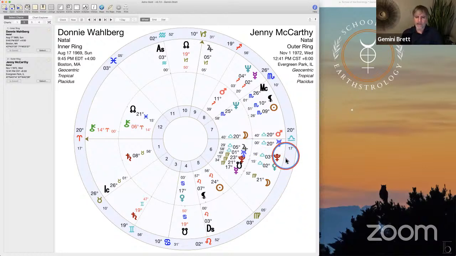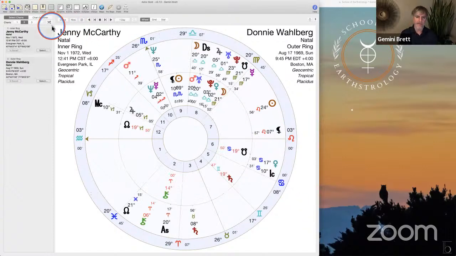Oh, look at that. Her Uranus is on his descendant Moon with Mars. His Uranus is on her Venus, right? That's one of the ways we do synastry. Her Mars is in his 7th house. His Mars is in her 10th or 11th, depending on how you want to slice it, etc.